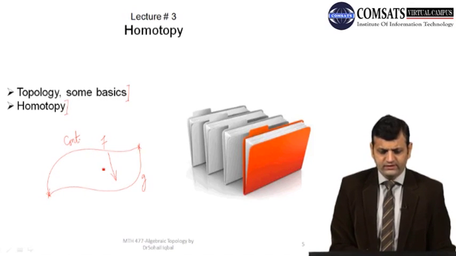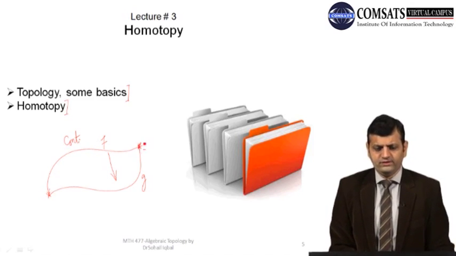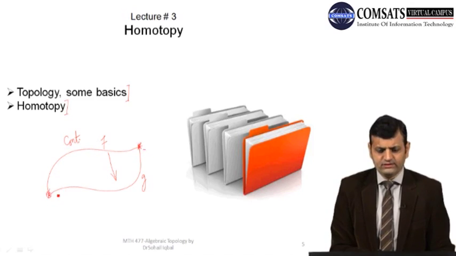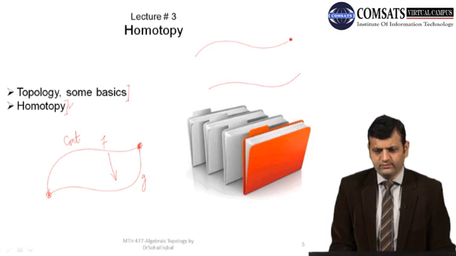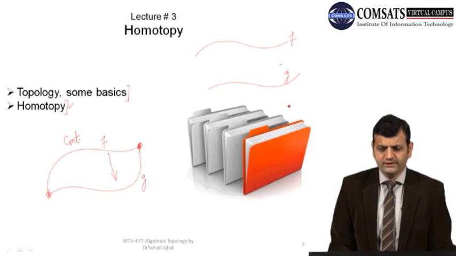Notice that I have fixed the endpoints, and later on we defined this to be relative homotopy, but in this lecture we didn't impose any condition like this. We just defined that this is one function f, and this is a second function g, and if we can deform g into f or f into g continuously, then they are homotopic.